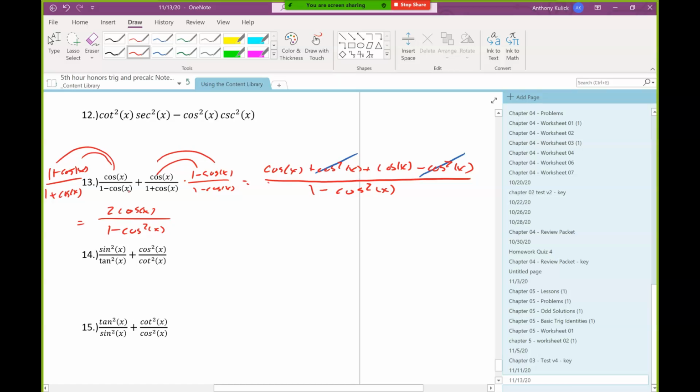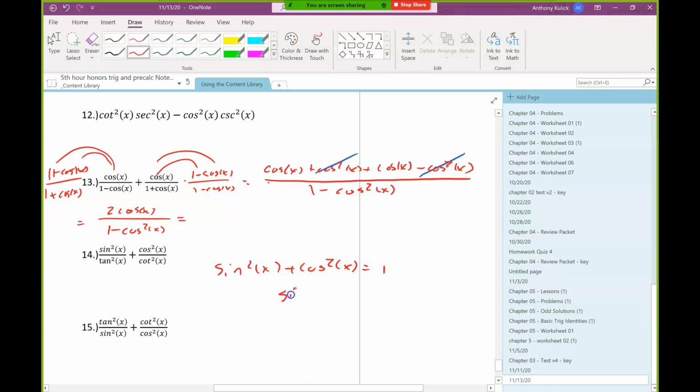So far, so good? Okay. So 1 minus cosine squared, I recognize that as a modification of the first Pythagorean identity. Remember, the first Pythagorean identity is this.